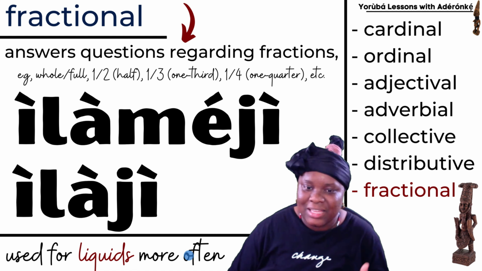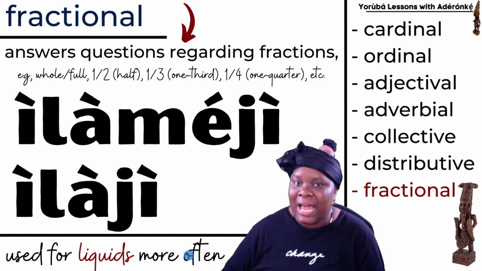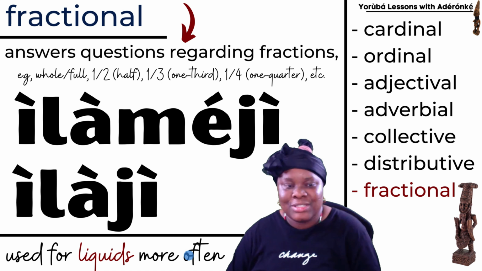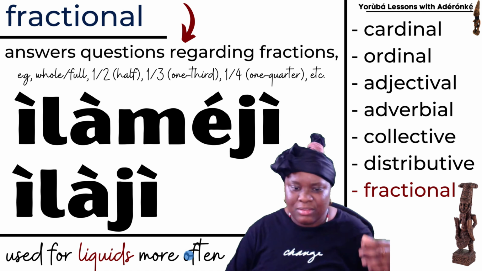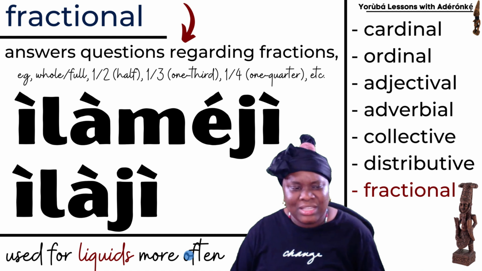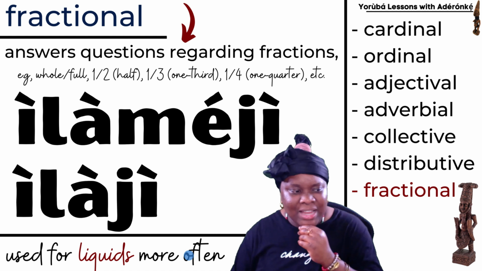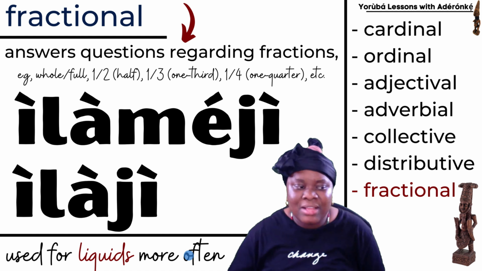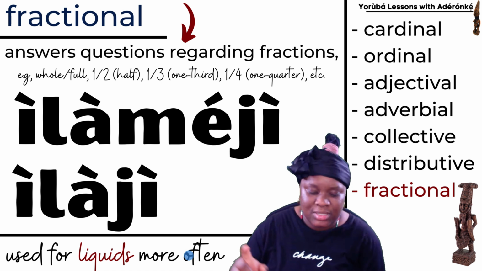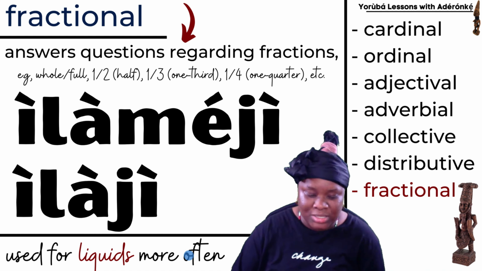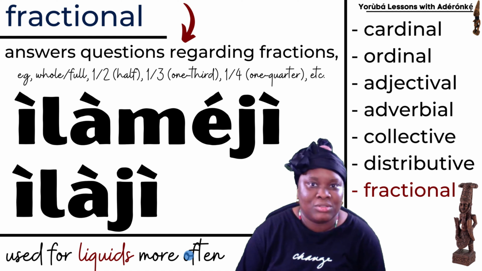You could say ìlàjì, you could say ìlàrin, which would be 1/4. We'll get there. I don't think they had a 1/3. I don't know why they never had a 1/3, but anyway, that was how they sold kerosene to us, and palm oil, and vegetable oil.